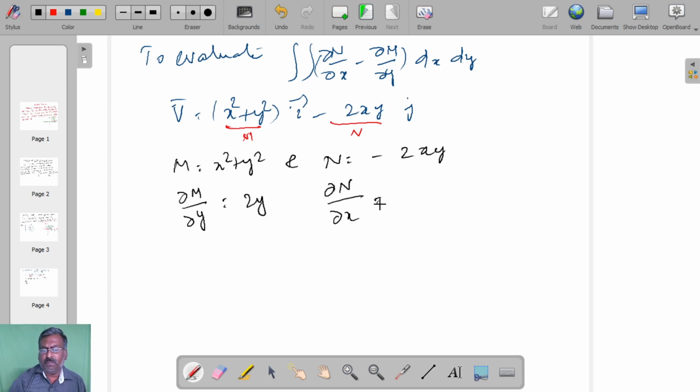Differentiating x only, x value is 1. So for minus 2xy, the differentiation value is minus 2y. Okay. So next we are going to find the double integral over R dx dy.